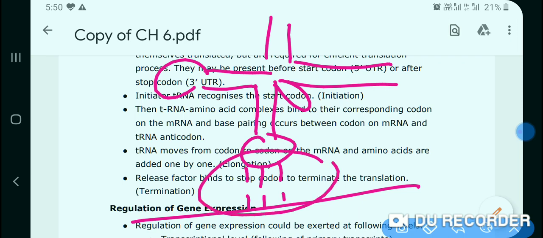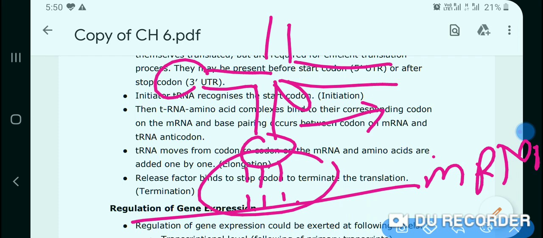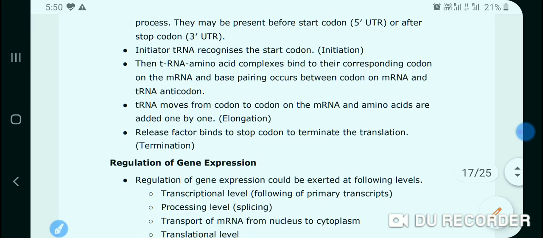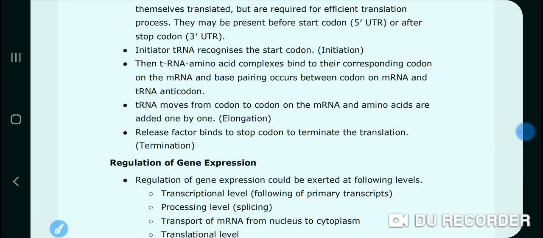Temporary binding here takes place, and this transfer RNA moves from codon to codon on mRNA and helps read different codons for amino acids. Then when it comes to the end, the translation process stops.